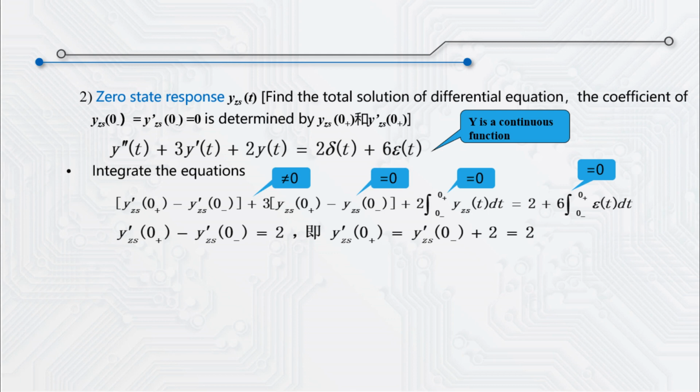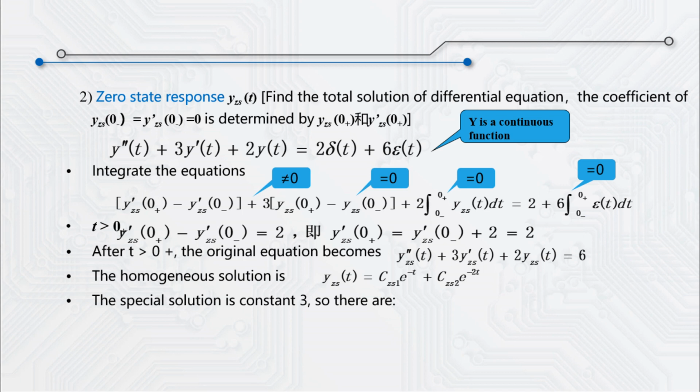By integrating the equations, we can obtain the initial value of the first derivative of the zero state response at 0 plus, which is equal to 2. It's not difficult to see from the screen that the homogeneous solution of the system should be y_zs(t) equals C_zs1 times e^(-t) plus C_zs2 times e^(-2t).